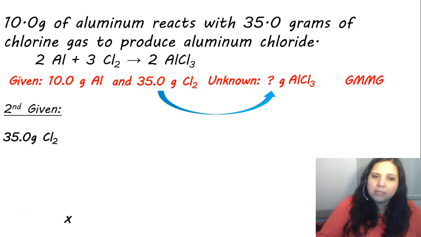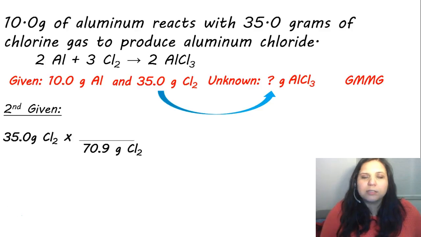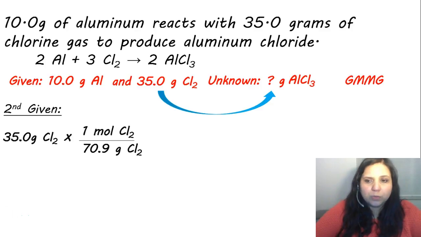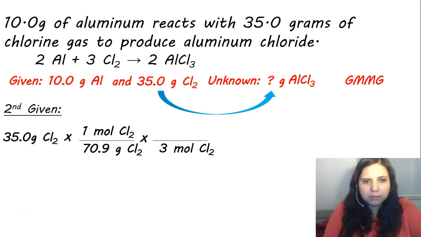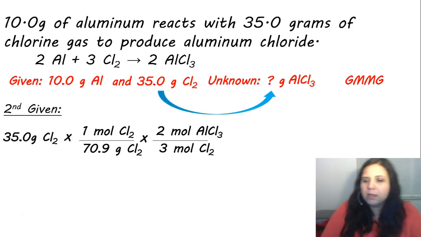35 grams of chlorine, use the molar mass of chlorine. Now remember, you have to be careful. That chlorine's diatomic, so it's Cl2, which means it's 2 times 35.45 is equal to 1 mole. And then we need the mole ratio. So that would be 2 moles of aluminum chloride over 3 moles of chlorine.